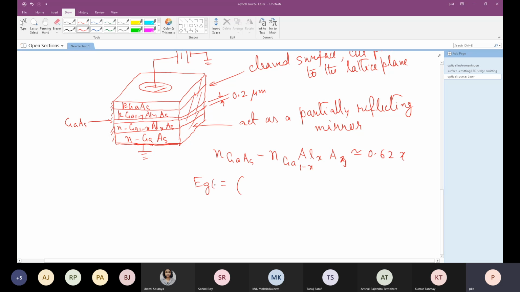Eg as a function of x would be 1.424 plus 1.247x. This is the band gap energy of gallium arsenide, and 1.247x is the added part up to the band gap energy of aluminium arsenide.